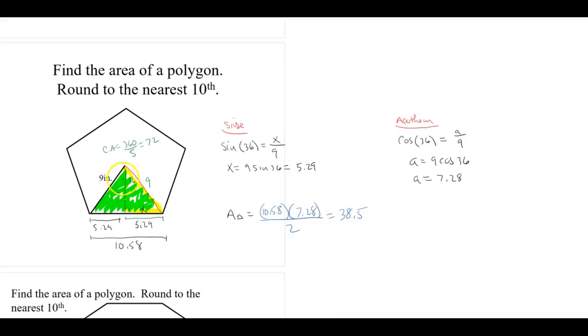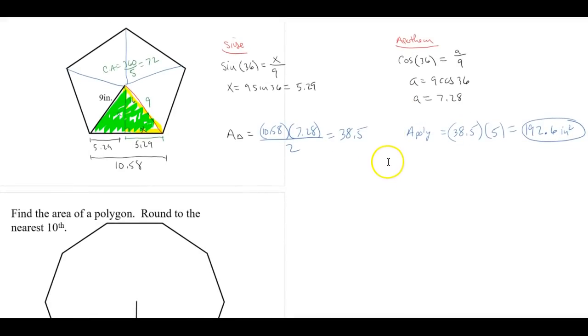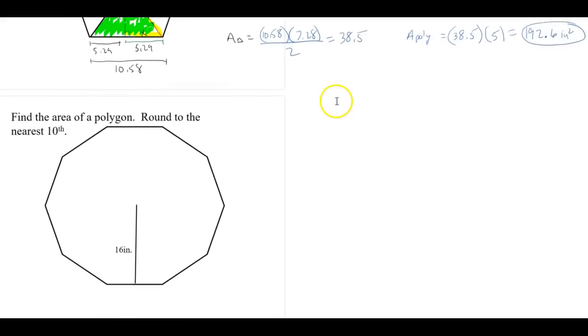That's the area of one of these green triangles. How many of these triangles do I have in here? I have 5. So the area of the polygon would be 38.5 times 5 triangles, which gives you 192.6, and that would be inches squared. Okay, so that's using the triangle method. If I wanted to use the perimeter method, I would do 10.58 times 5, that's the perimeter, times the apothem, divided by 2, and we're good to go.